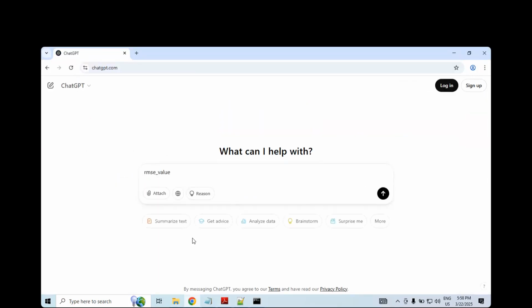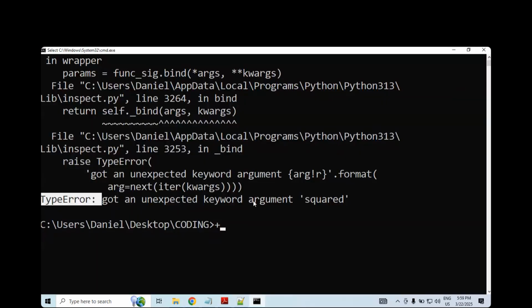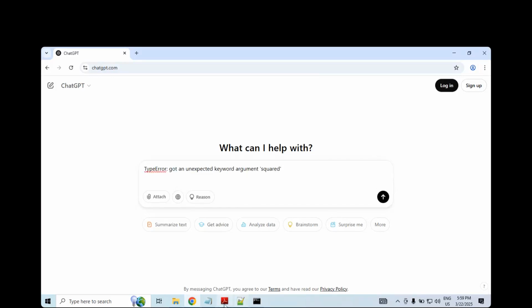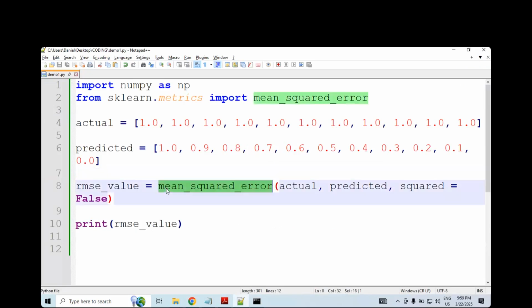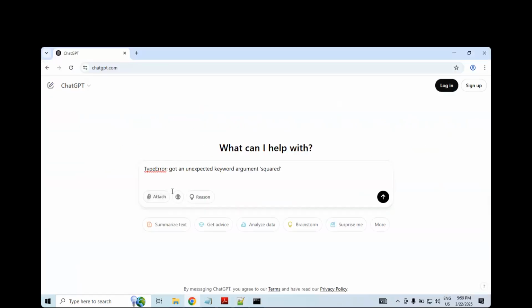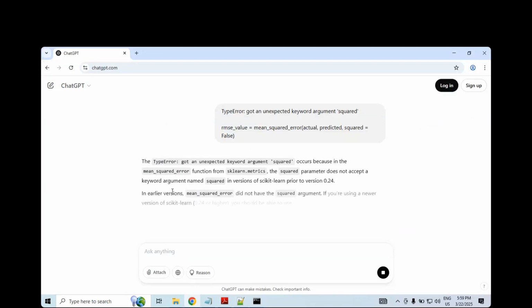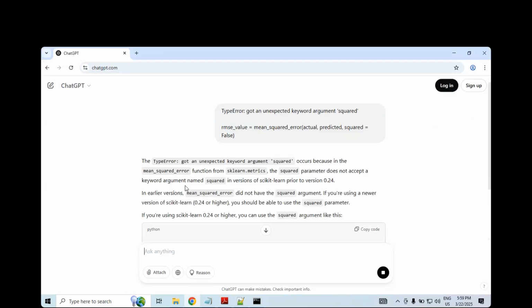I'm getting this error while I'm using this piece of code. You need to tell it. Then version change, version issue. Scikit-learn 0.24 version.